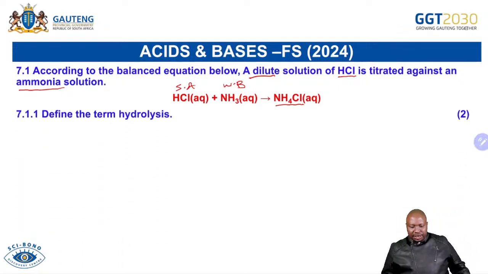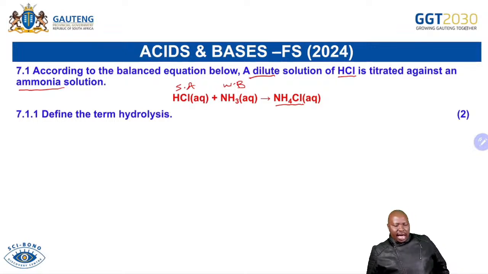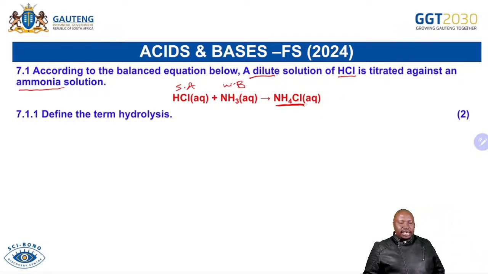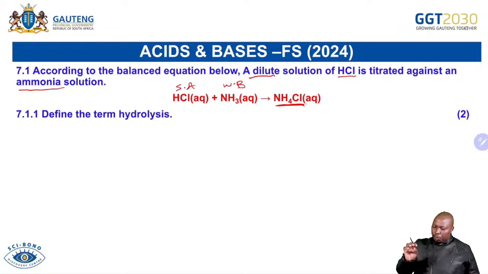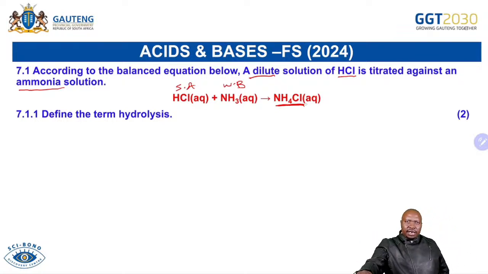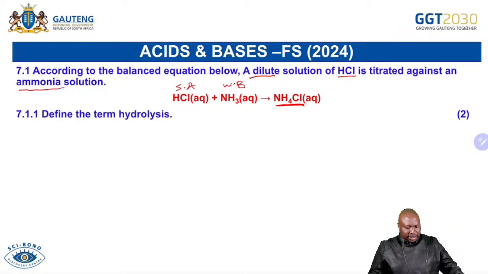Now, the first question says define the term hydrolysis, which is what we talked about in our introduction, and we're able to say hydrolysis is a reaction of salt. Our salt is ammonium chloride with water. The reaction of salt with water, that is hydrolysis, meaning that we're going to put this NH4Cl in water, and that is the reaction that we call hydrolysis.